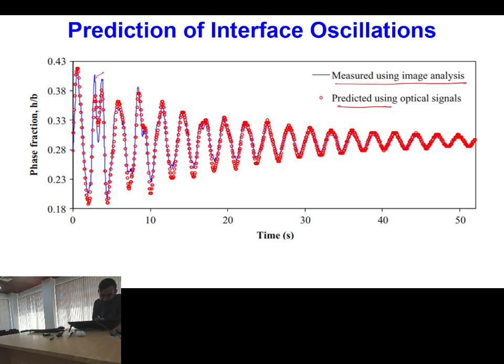However, if there are certain sharp peaks, in some places there is some difference between the sensor data and the visualization data using the high speed camera. But the majority of the overall trends are captured very successfully.